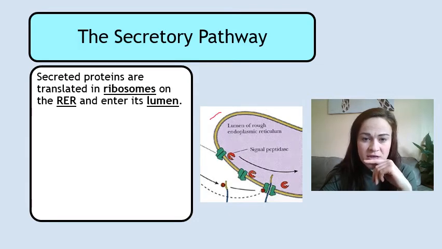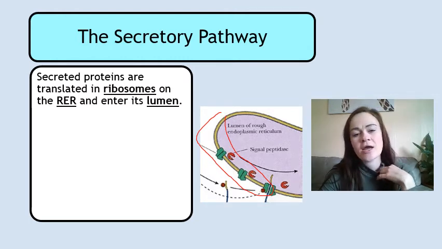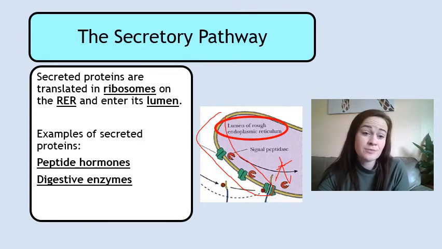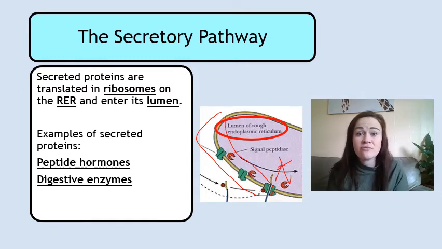Here's the outside of the RER, the membrane, and what happens is our proteins that are formed then get released into our lumen. Examples of secreted proteins are peptide hormones, digestive enzymes, basically any protein that's going to be traveling around the body.